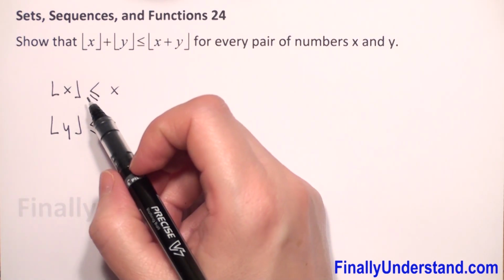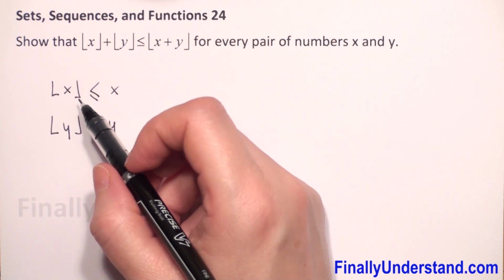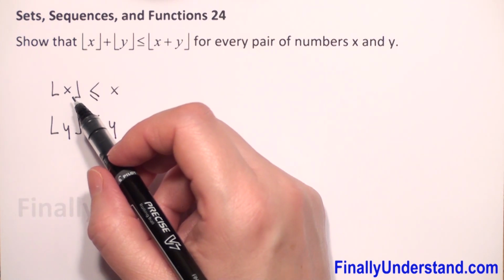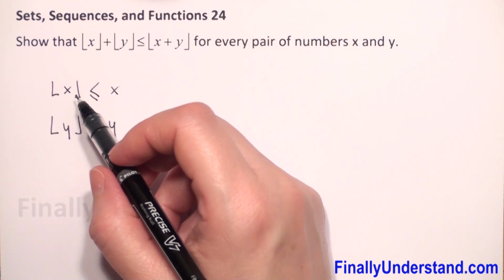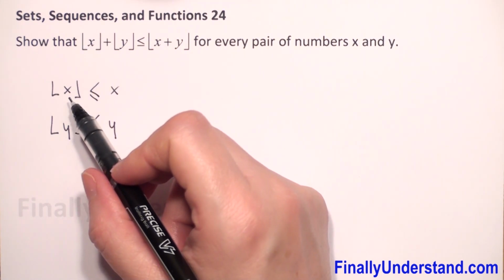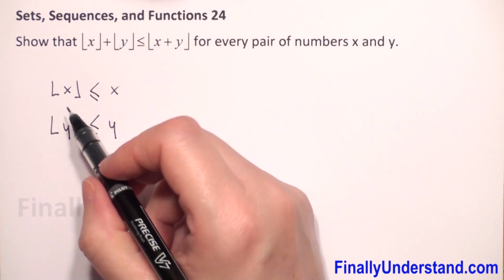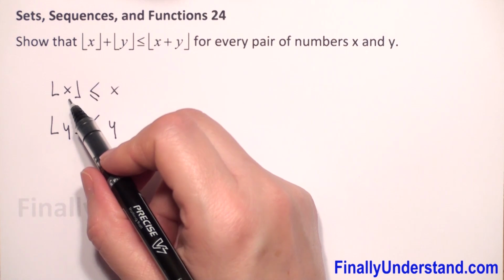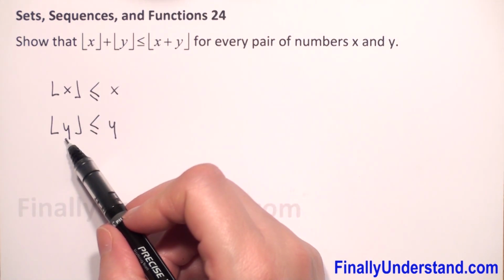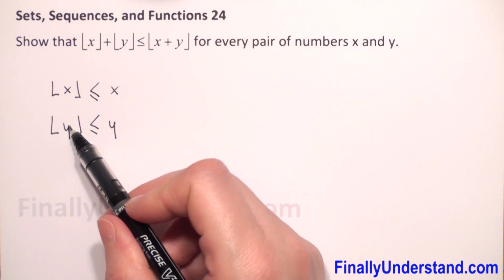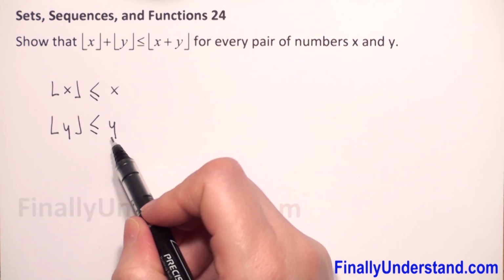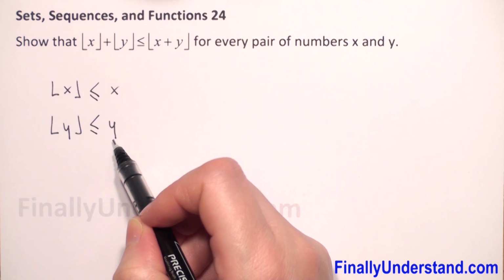Why? Because when we find the floor of a number, it is always the largest integer less than or equal to this number. In the first case, we have floor of x, so it will be less than or equal to x, and in the second, I put the number y. So we have floor of y is less than or equal to y.